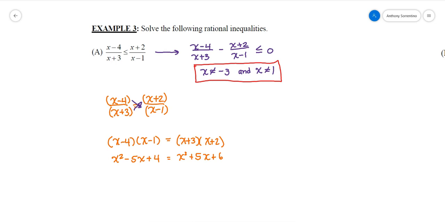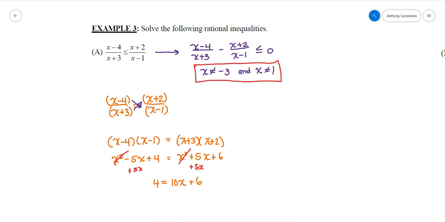When I solve these equations, since it is quadratic in nature here, I want to get it set equal to 0. I would subtract x squared from both sides, and they would just simply cancel. I'm going to add 5x to both sides, and I get 4 equals 10x plus 6.